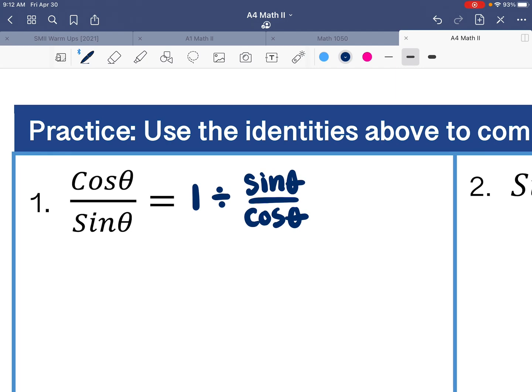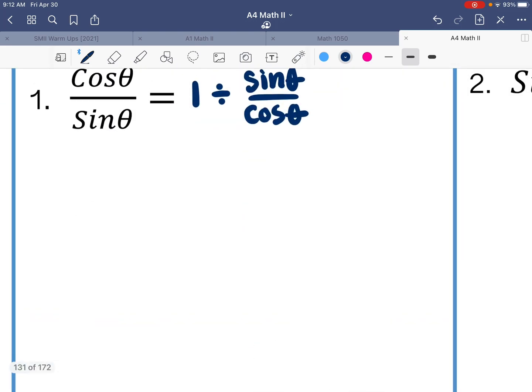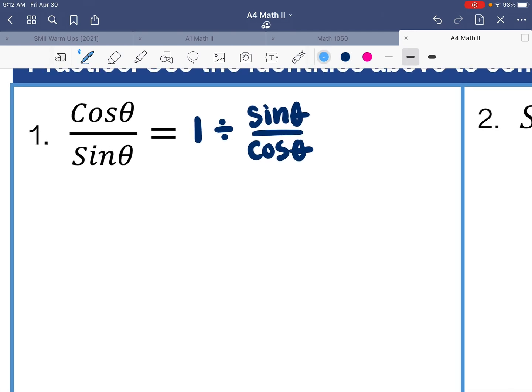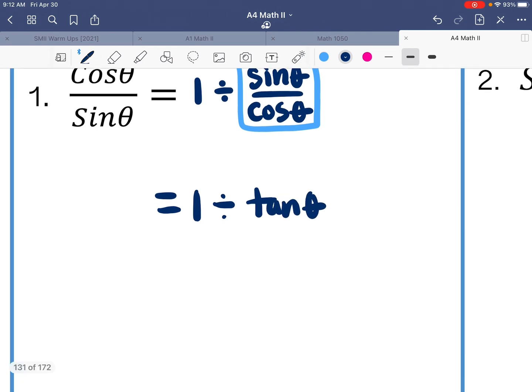So we're saying that 1 divided by sine over cosine is the same thing as cosine over sine. That's true, because we're trying to get to 1 over tangent here. And 1 divided by sine over cosine, this statement here, is equal to 1 divided by tangent of theta.